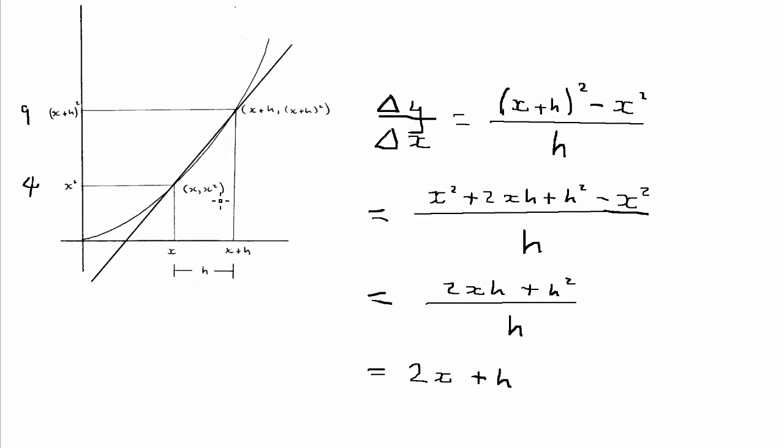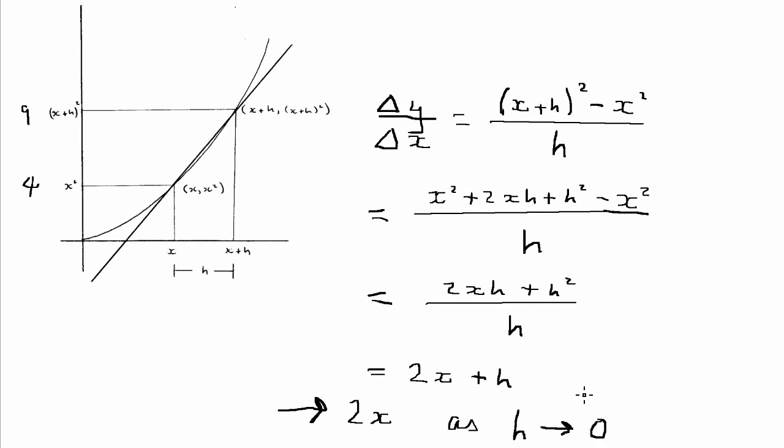And we can't actually make it the same point, because then we'd only have 1 point and we couldn't work out a gradient. But we can see what happens as this h distance gets closer and closer. This gradient we've worked out gets closer to, and that's what this arrow means, it's getting closer to 2x as the h gets closer and closer to 0.